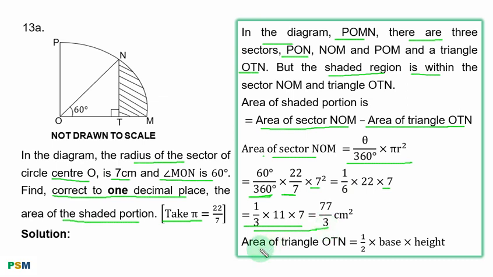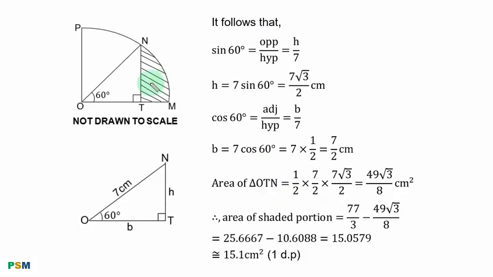Area of triangle OTN is equal to half times base times height. We need to get the base and the height because they are not given in the diagram. From the given diagram, you have this triangle.